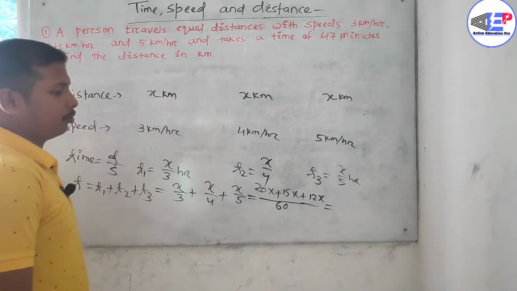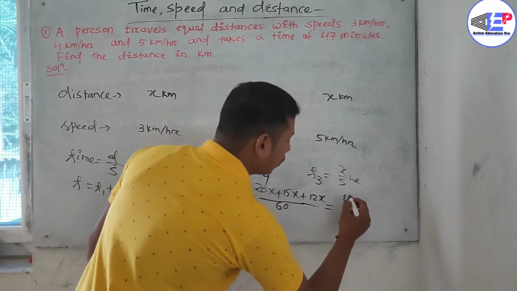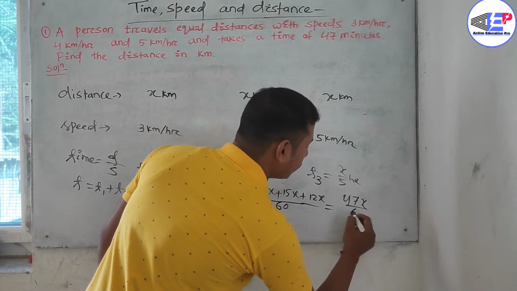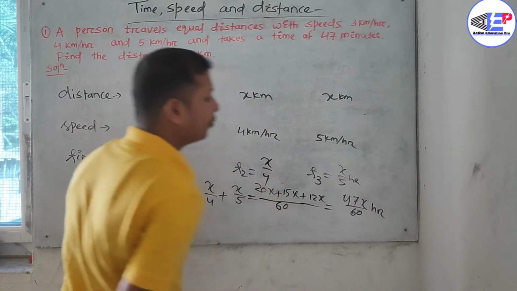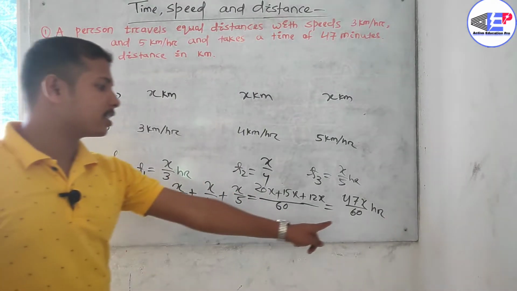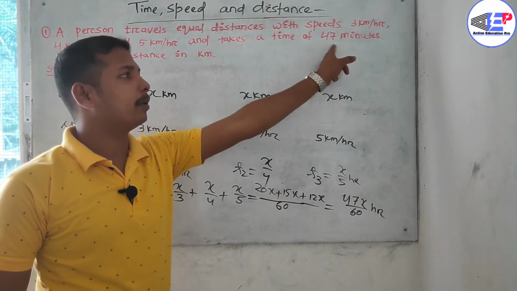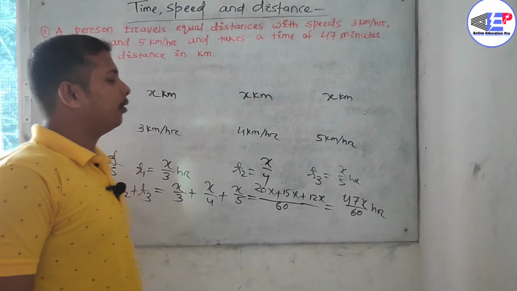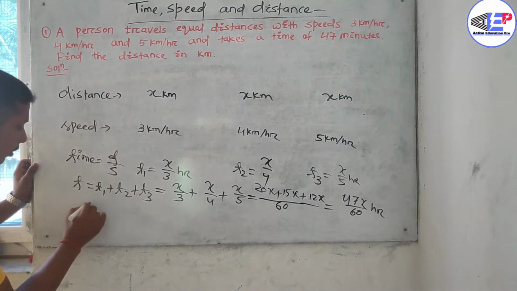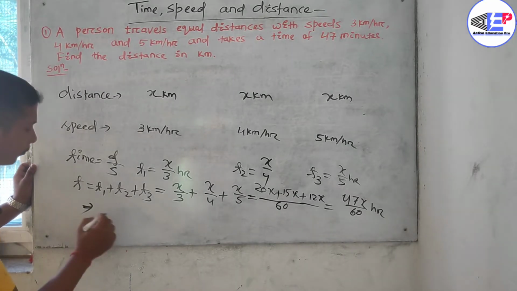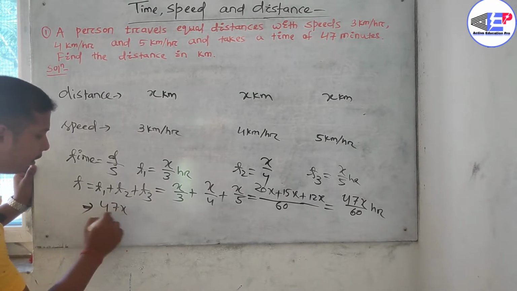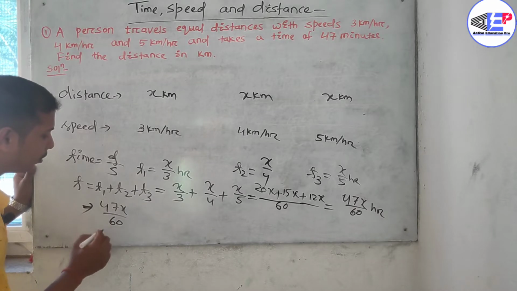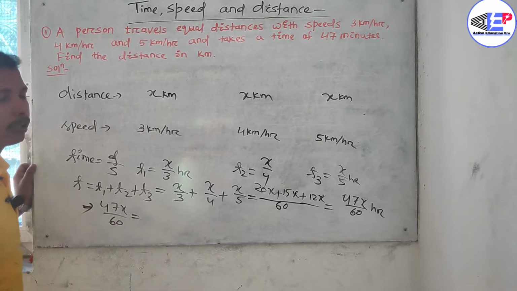It will be equal to 47x by 60 hour. But this 47x by 60 hour will be equal to 47 minutes because it takes a total time of 47 minutes. So it will be equal to 47x by 60 will be equal to 47 minutes.